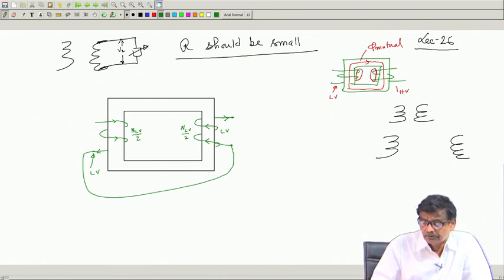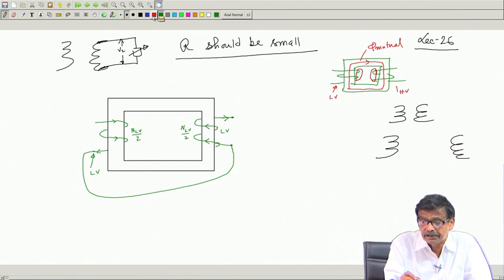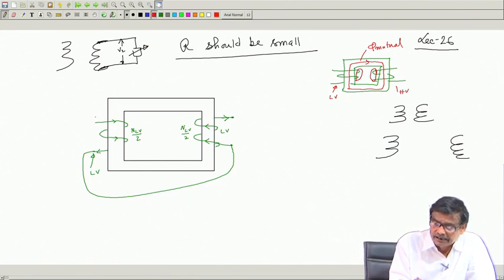Then I told you also that HV windings are wound over the LV winding. Then what you do, I am using a different color to indicate the HV winding. Then you also wind the HV winding like this. This separate coil, are you getting?